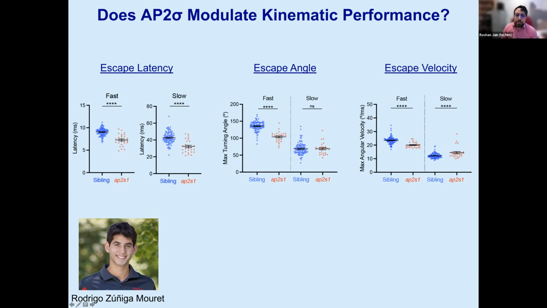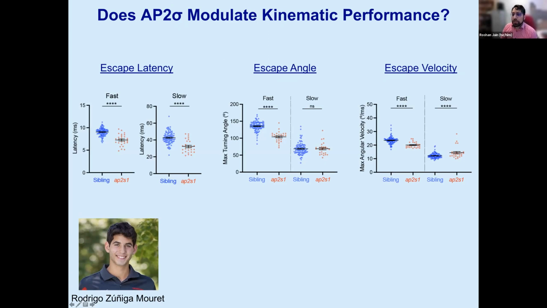And when we looked at our mutants, we found that those kinematic parameters are shifted significantly, although they're still distinct between those two behaviors. The mutants start responding at a shorter latency than usual, you can see right here, and that happens both for the fast and the slow behaviors. But the latencies are still distinct between the fast startle and the slow startle. Then when we look at the turning angle, we see that the fast behaviors are shifted to slightly weaker angles, whereas the long latency, slow behaviors are not really changed.